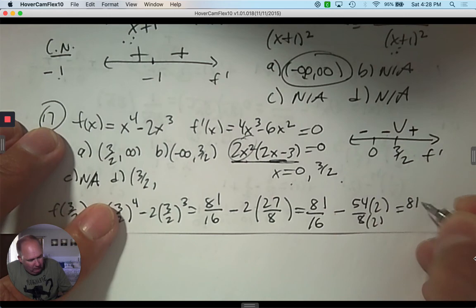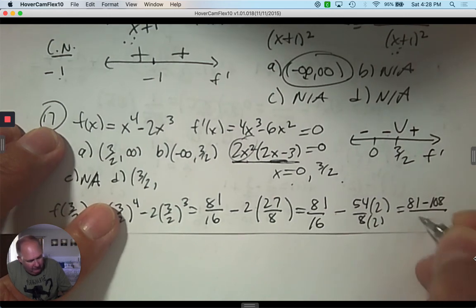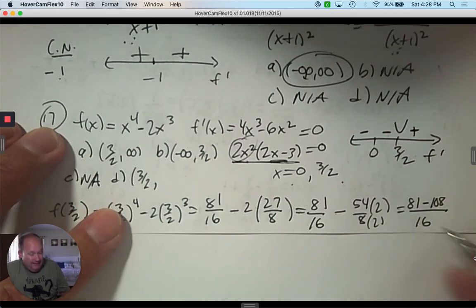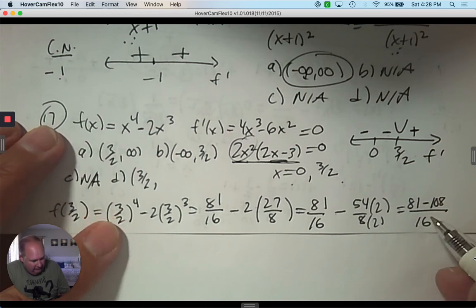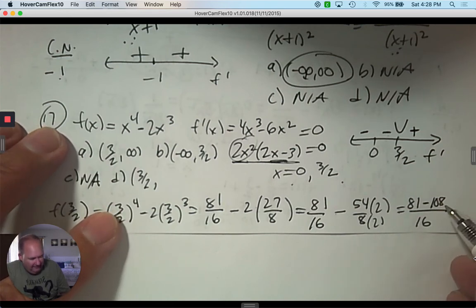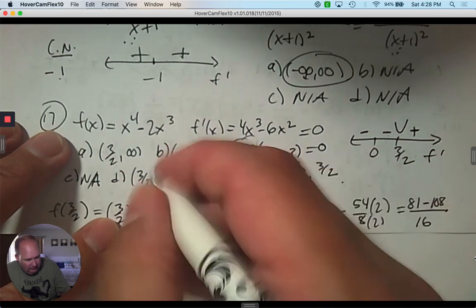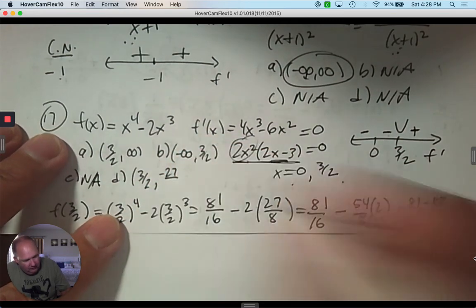So it's 81 subtract 108 over 16. 81 take away 108 is a negative answer. Was it negative 19 and negative 8? So negative 27. So it's negative 27 over 16.